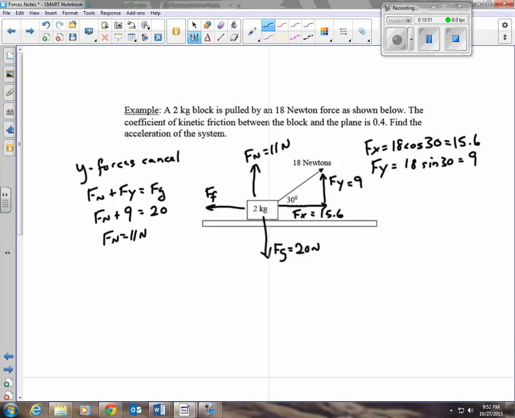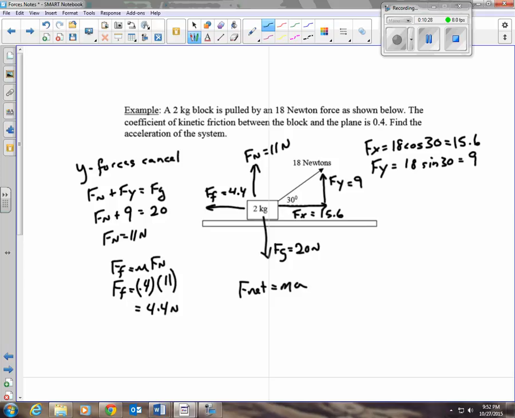Now we can figure out our Ff. Ff equals mu Fn. Mu for this is 0.4. Fn is 11. That's going to be 4.4 newtons. Got to finish out the problem. We do an Fnet equation. And I just worry about my x portion now.